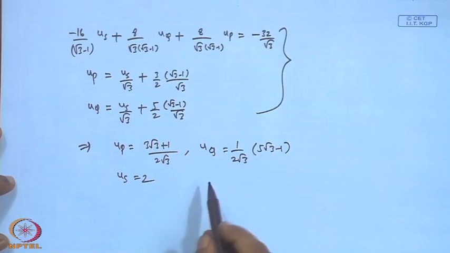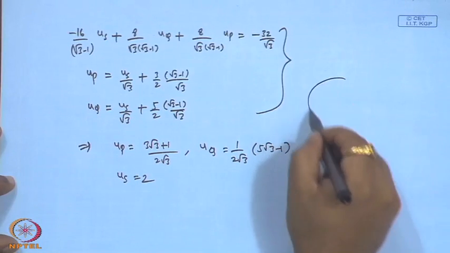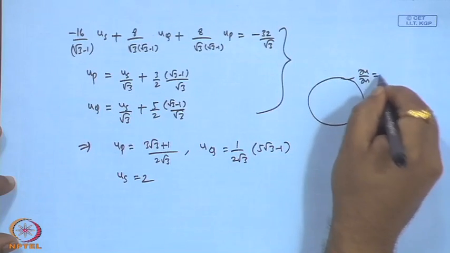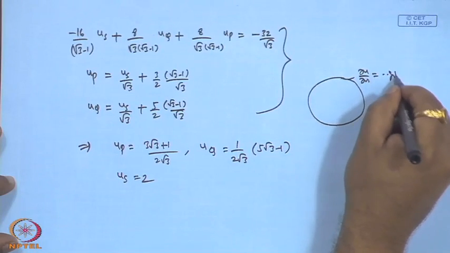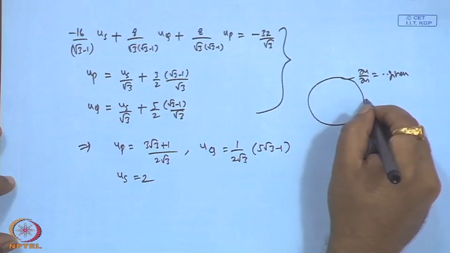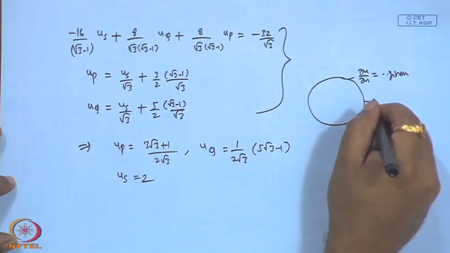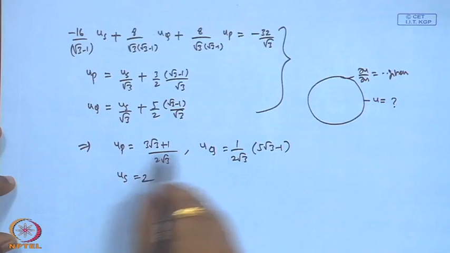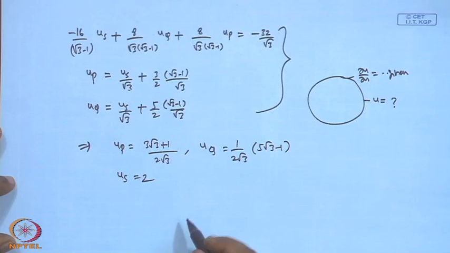Okay. So, when we have Neumann data given, what is the Cauchy data? Cauchy data is u have to be obtained, and this is what we have obtained, the value of u. Okay.